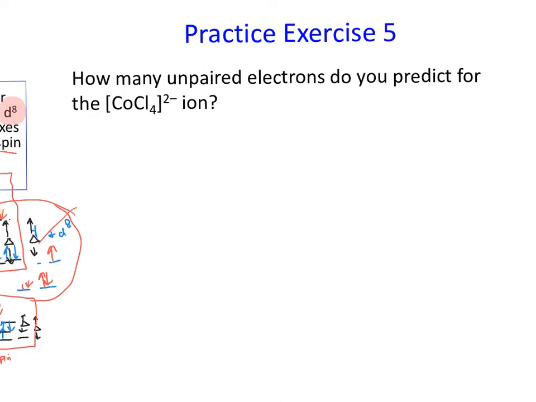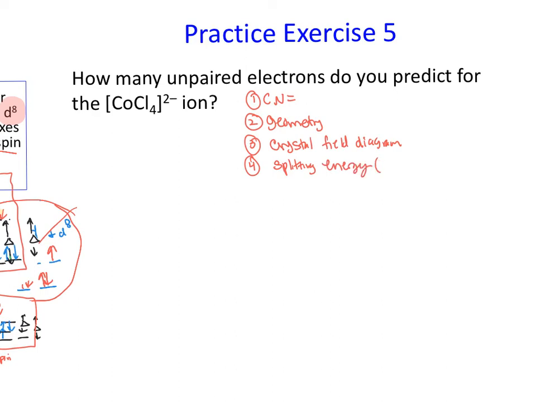What we need to think about first is 1, the coordination number, 2, our geometry, 3, our crystal field diagram, 4, the splitting energy is going to be low spin or high spin, and 5, the number of d electrons on the metal center.